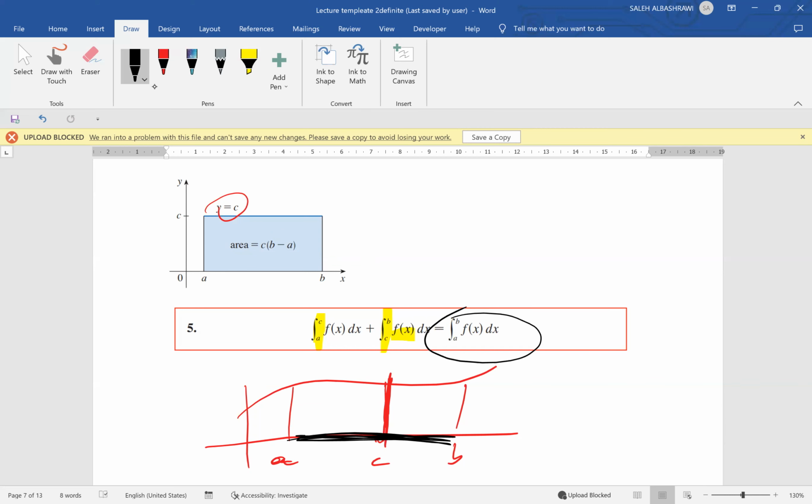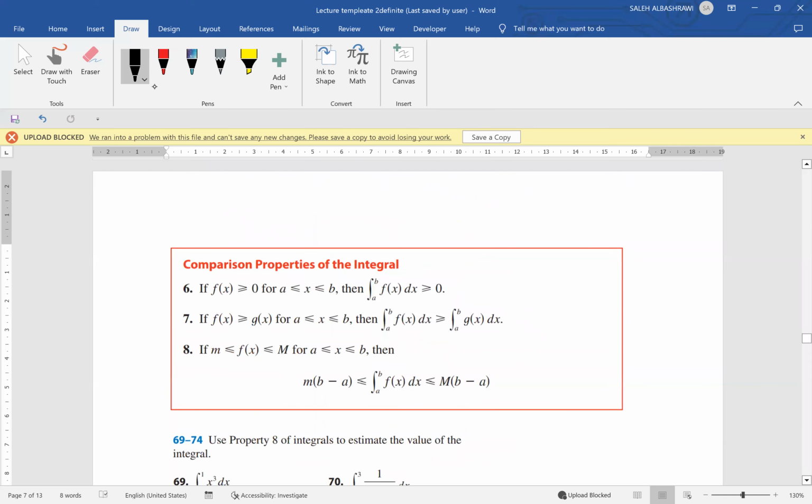For the comparison properties, if we have f of x greater than or equal to 0, meaning a non-negative function, or the function is above the x-axis or on the x-axis, over a to b, then the integration itself will be a positive number.